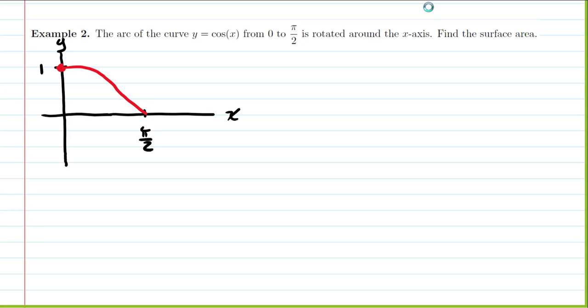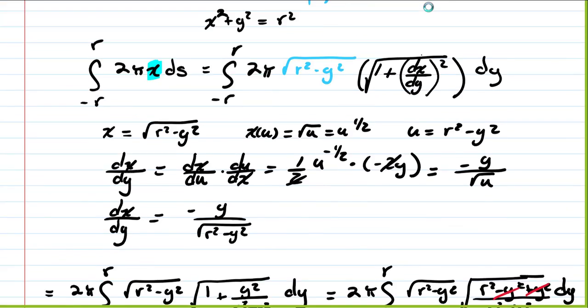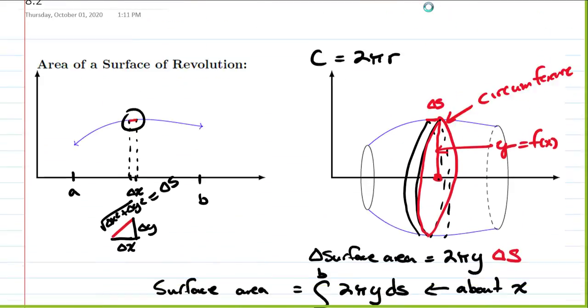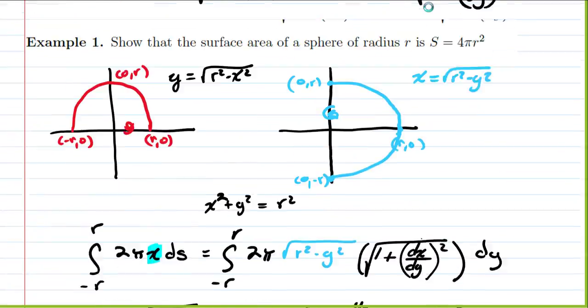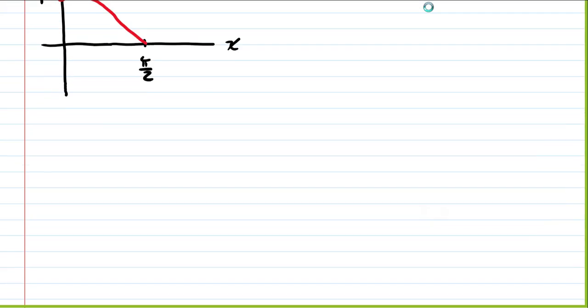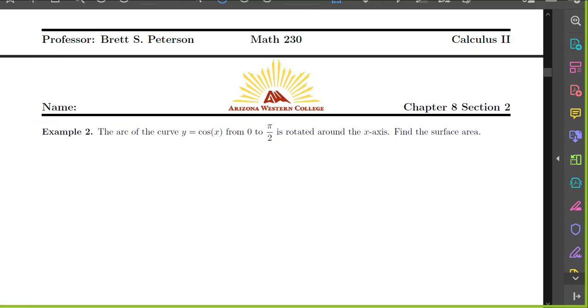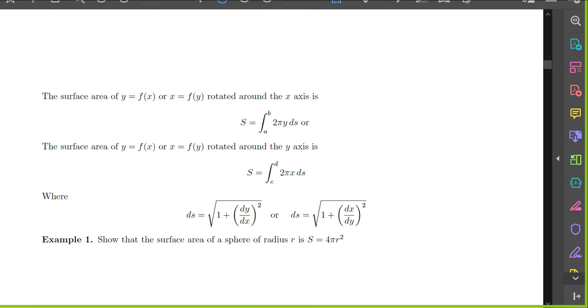So in this case, we have our y is cosine x. So because we're going about the x-axis, we are going to select 2 pi y ds, and then we are going to select this one, dy dx.